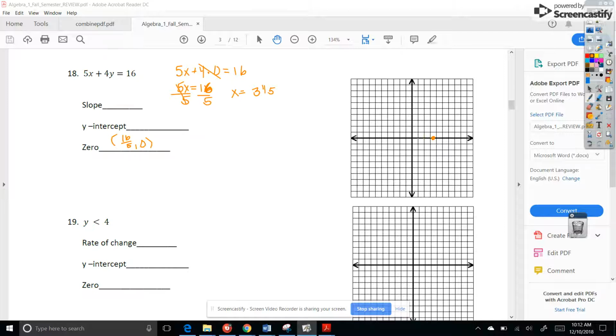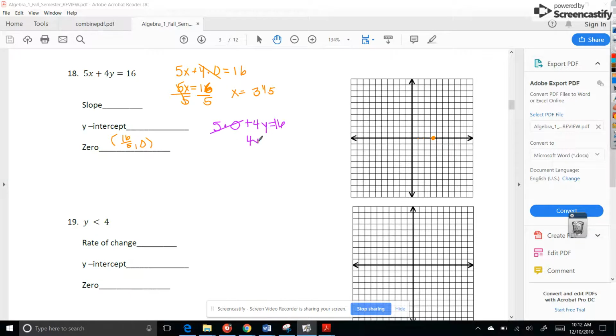Okay, my y-intercept is going to be what happens when I sub in a 0 for x and solve for y. So y is 4. 1, 2, 3, 4.